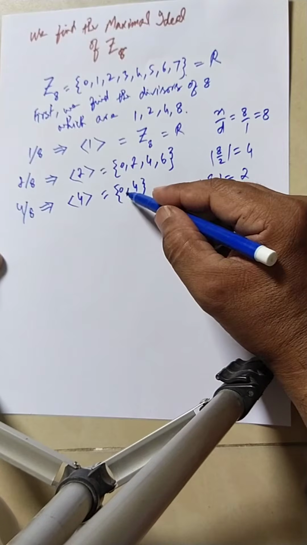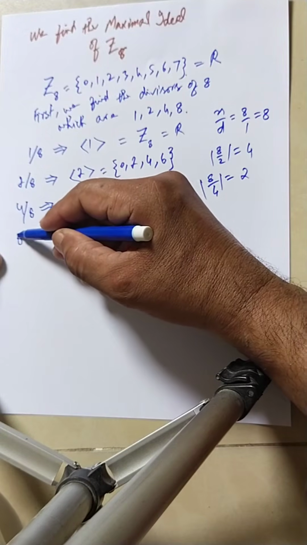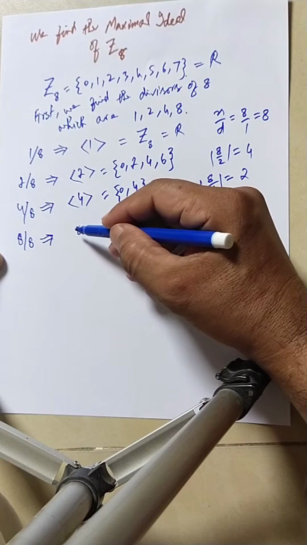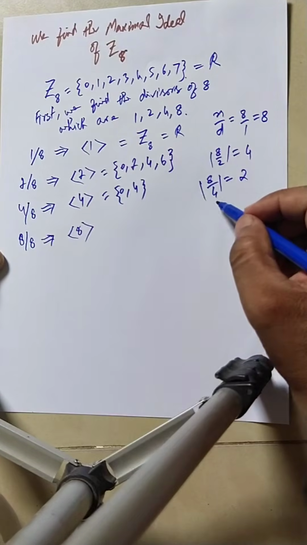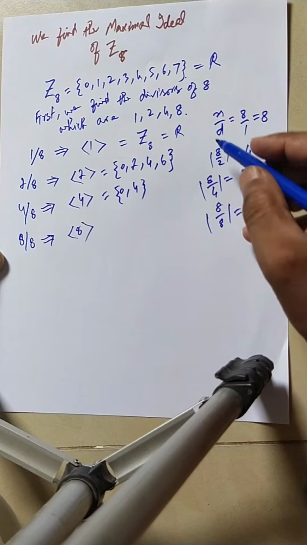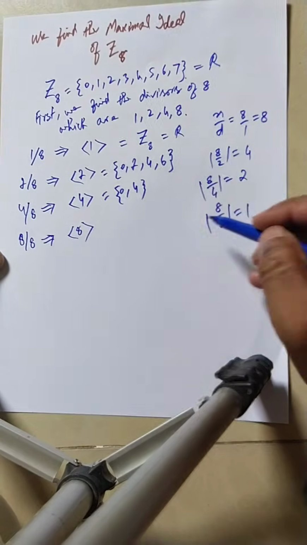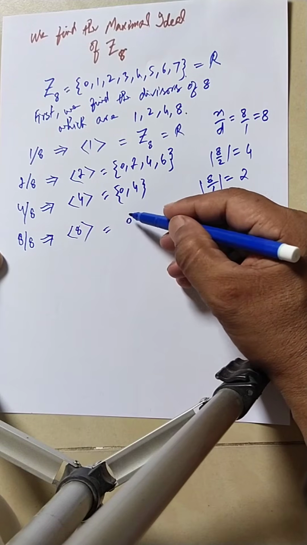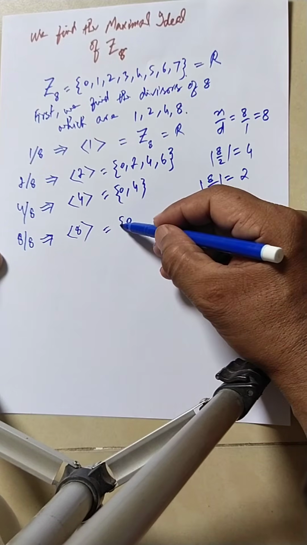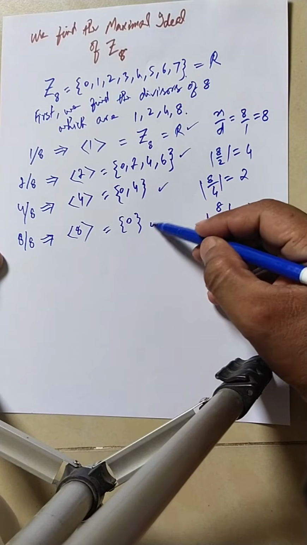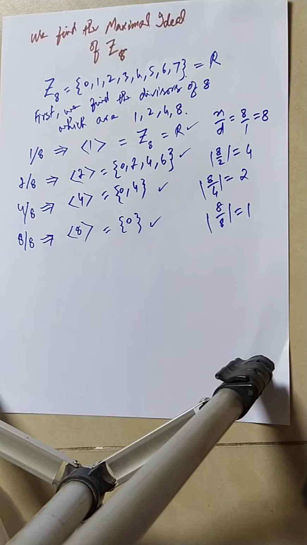Next, 8 divides 8 and the ideal generated by 8 has order 8 by 8, 1, and it is the additive identity, 0. These are the 1, 2, 3 and 4 ideals of Z8.